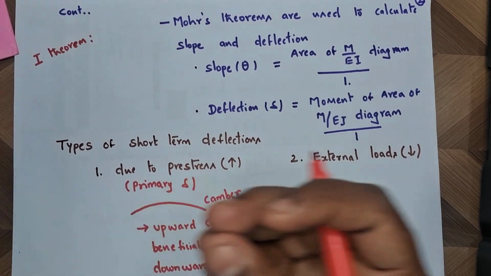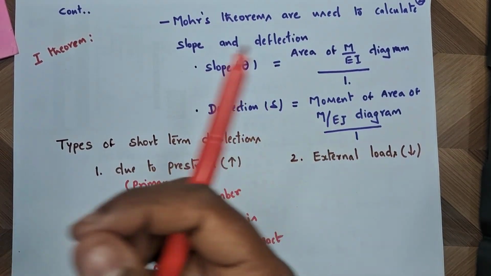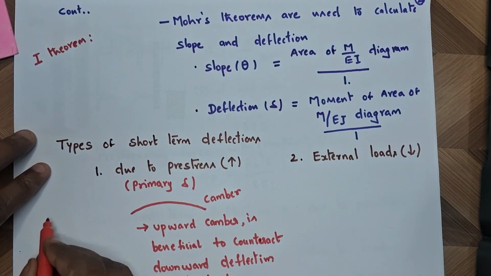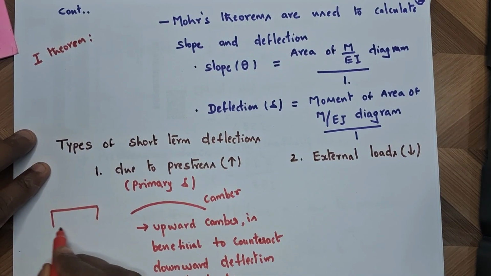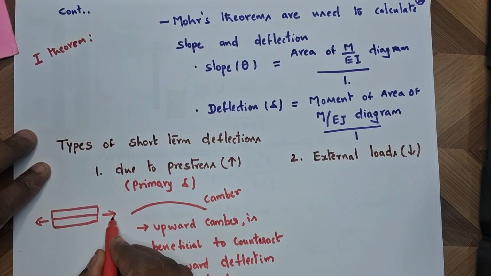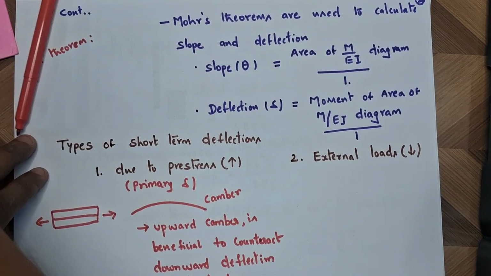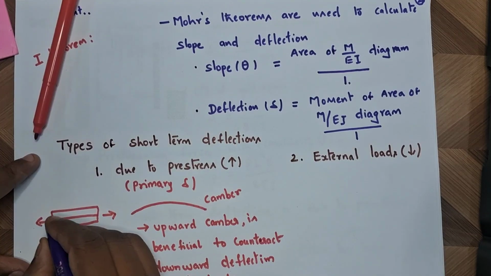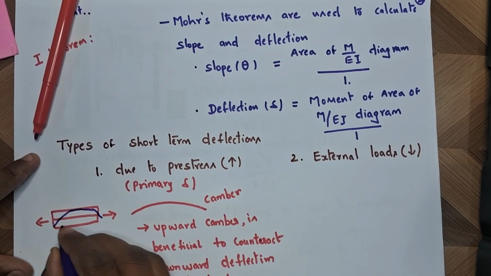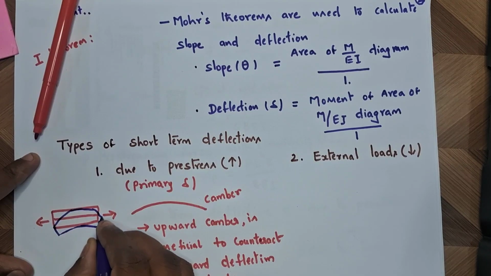When we are tensioning a tendon, it induces, suppose this is the beam, this is the tendon. When you apply a tension here, this beam will induce some camber like this.